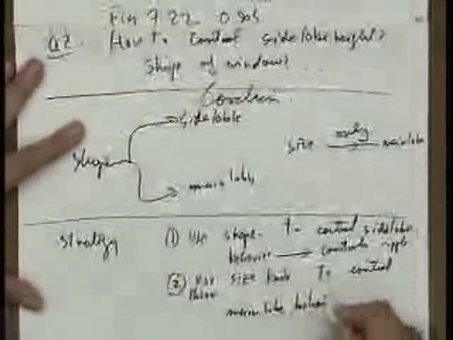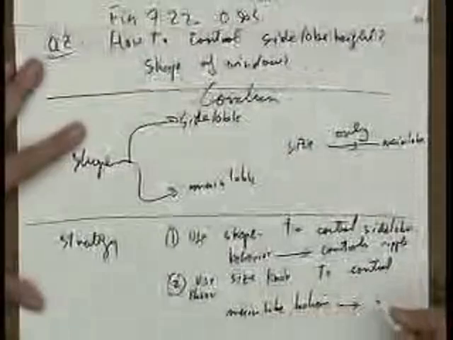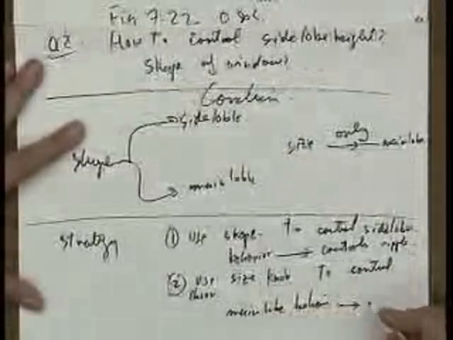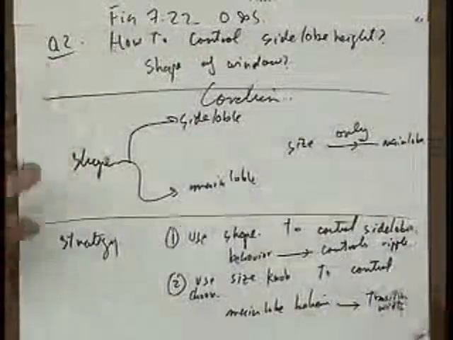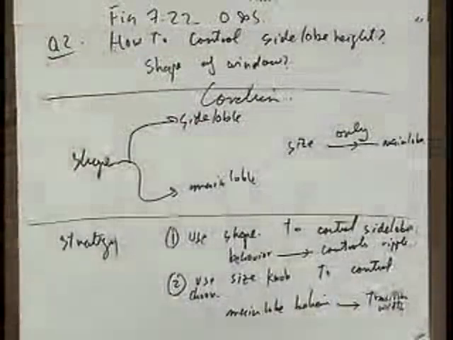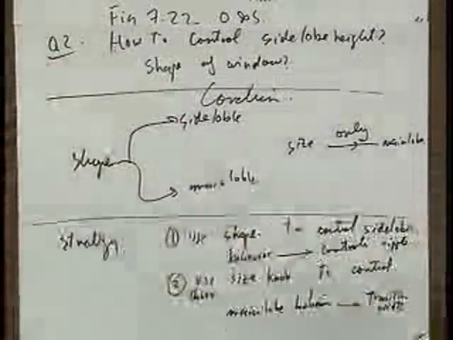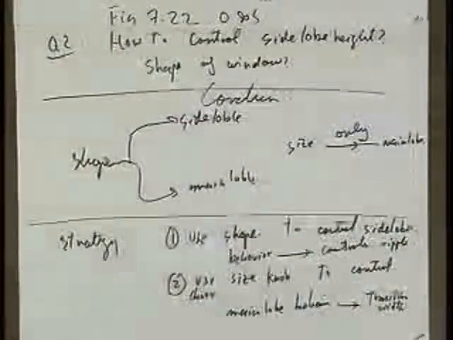And this main lobe behavior affects the transition width. Remember, in the ideal world, none of these things matter. Transition width ideally should be 0, ripple ideally should be 0, but in the real world, none of these things hold true.